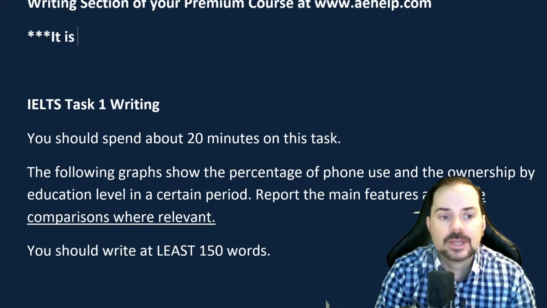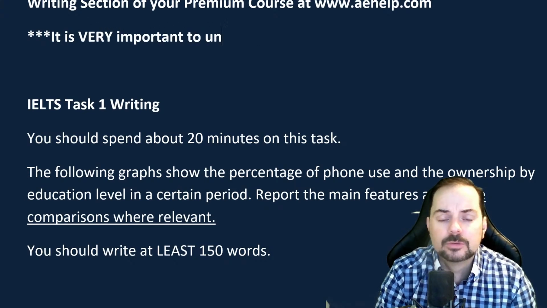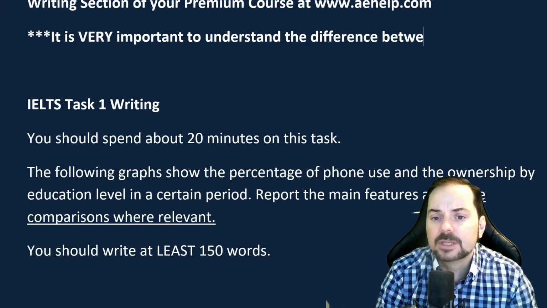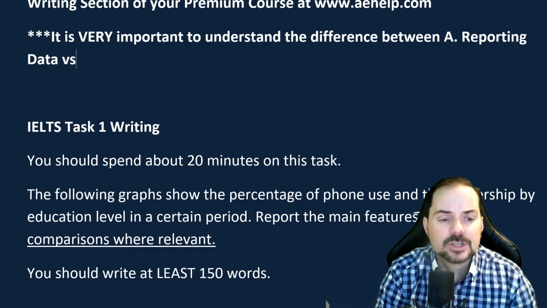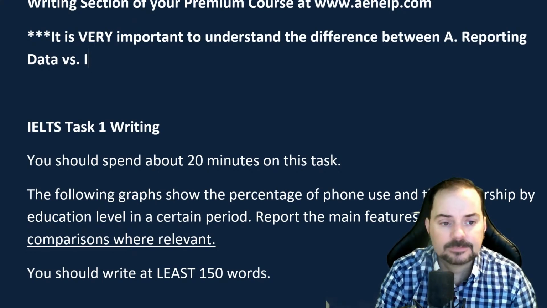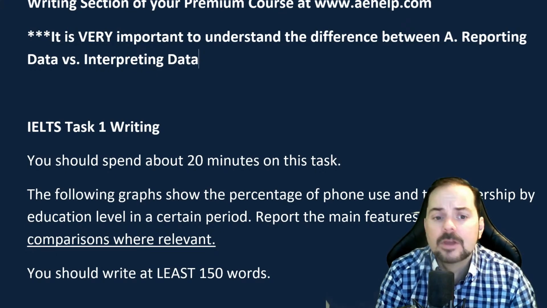Okay, so it is very important to understand the difference between reporting data, versus interpreting data, versus assuming data.